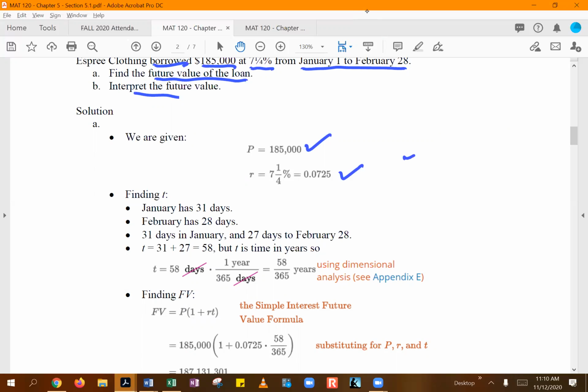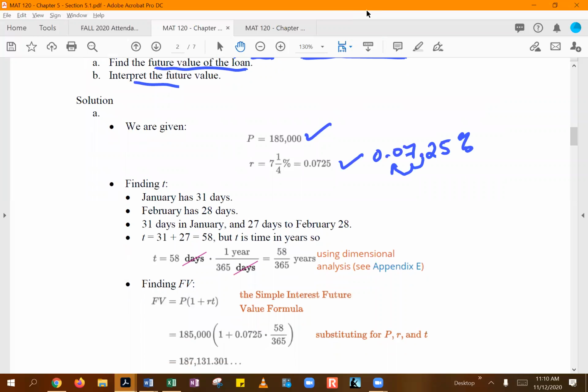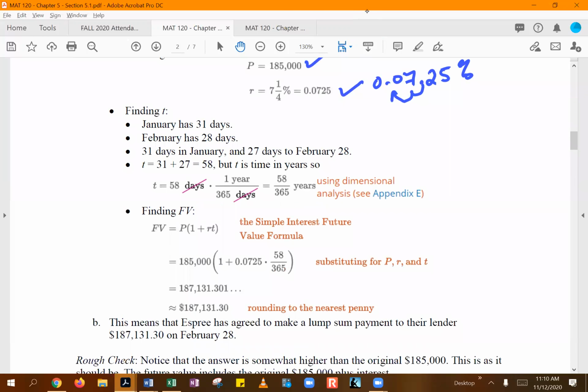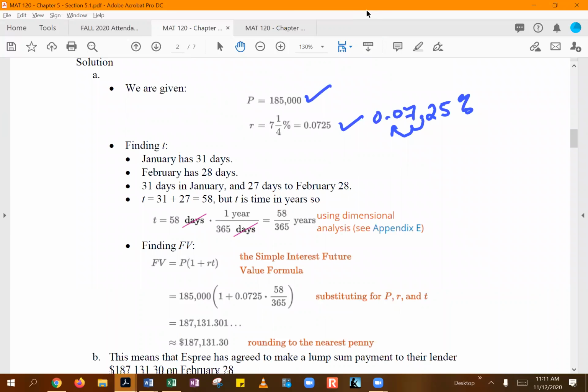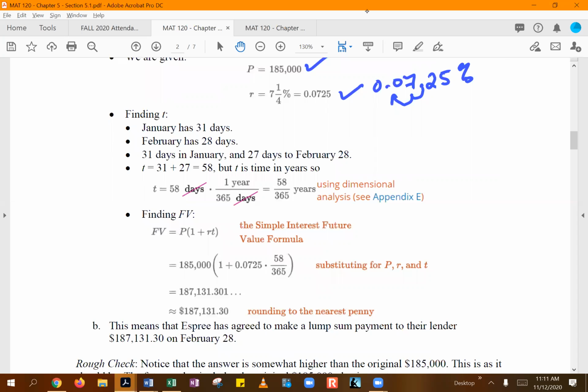So you have 7.25%. Just move that decimal 2 places to the left, and you end up getting 0.0725. Now, since this is a short-term loan, we need to figure out how many days this loan is being taken out for. So you've got 31 days in January, 28 in February.